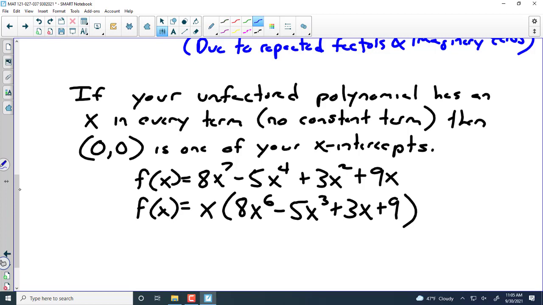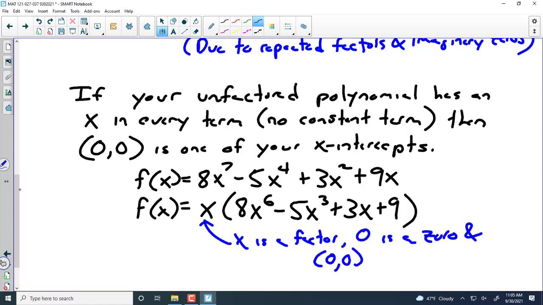And then, since x is a factor, 0 is a 0, and 0, 0 is an x-intercept. So just be aware that every now and then you're going to have a graph that hits right at the origin, 0, 0. And how do you know that's going to happen? Because every term has an x in it.